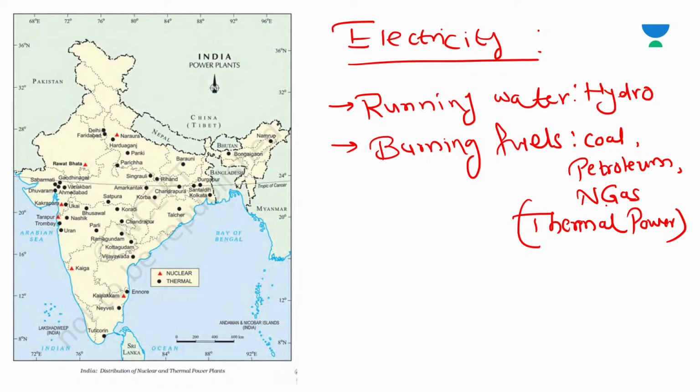Now, friends, hydroelectricity is generated by fast flowing water, which is a renewable resource.